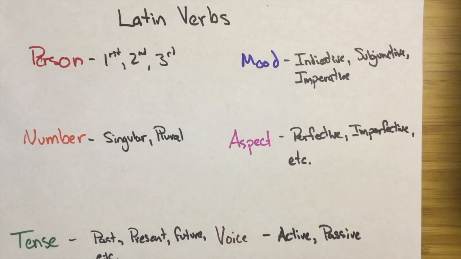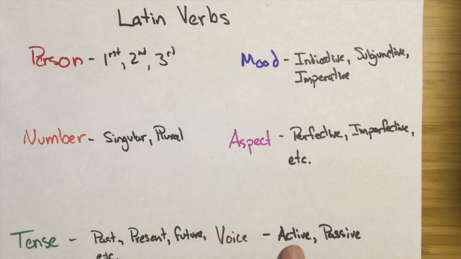And then the last one we want to talk about here is voice. In Latin, there's an active and passive voice. Some languages have other categories for voice, but we're not going to deal with those right now. So with active and passive, these are really easy to understand. If I were to say, what's a good example? I love Latin. That's an active verb, love.